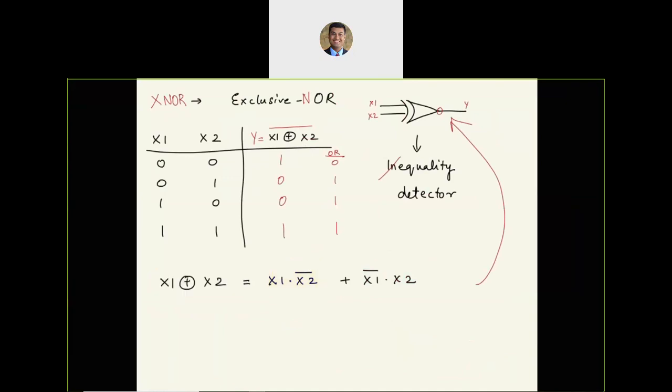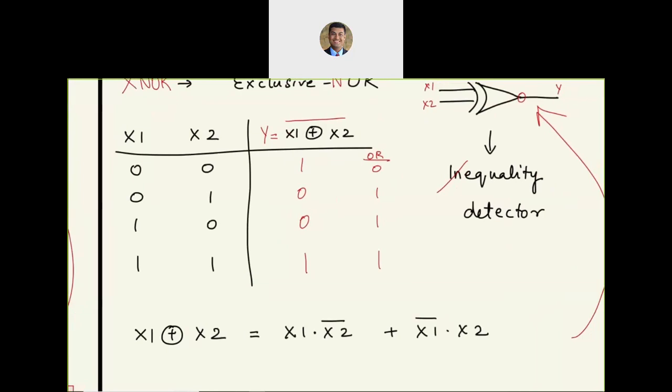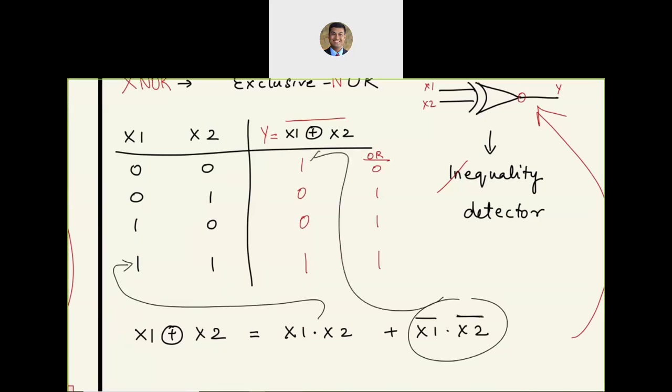Now I get a 1 when they are both the same, equality detector. So in this case, it should be that expression. So when both of them are 1, that entry is because of that entry, or maybe I show this one. And that last entry is because of the first entry in the table, when both of them are 0.